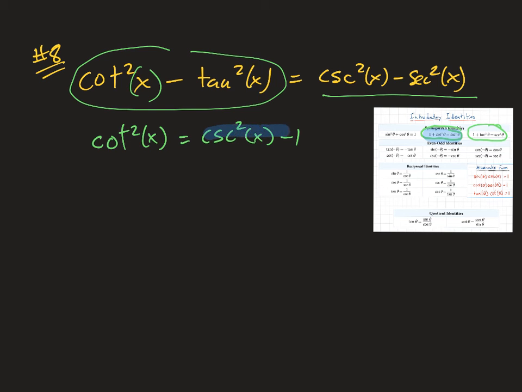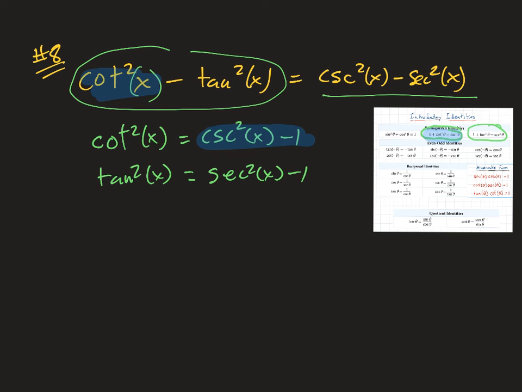So I'm going to use this form because I want to stick that right here where the cotangent squared is. I'm going to use the same trick for the tangent. Instead of 1 plus tangent squared, I'm going to subtract 1 from both sides, and I'll get tangent squared x equals secant squared of x minus 1.